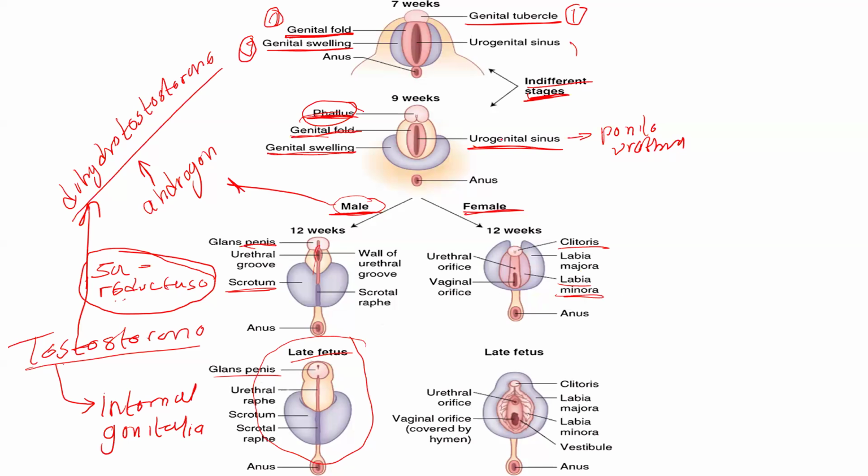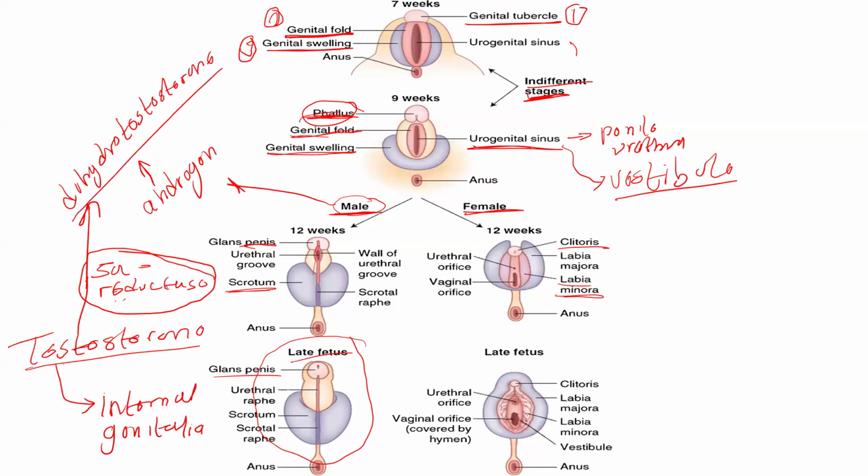The urogenital sinus therefore won't be obliterated, and in females it gives rise to the vagina and the vestibule, from where you will see the openings of the vagina and urethra.